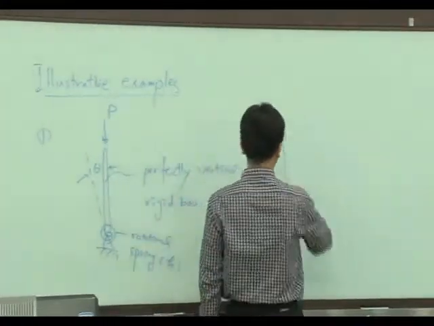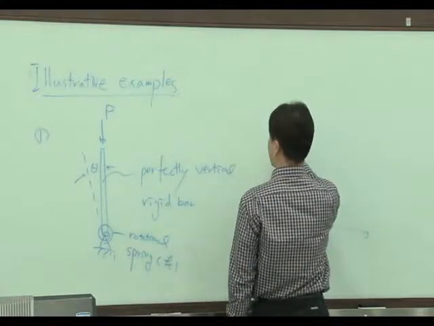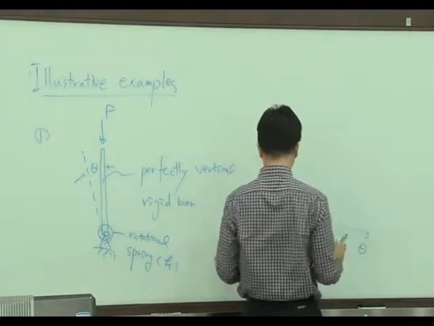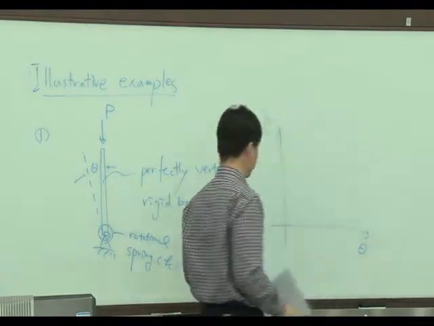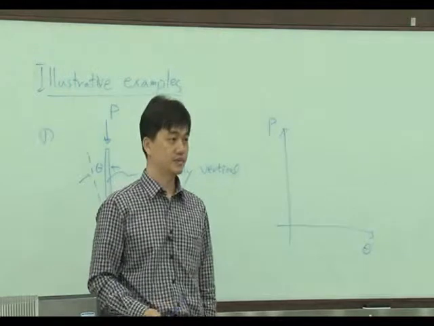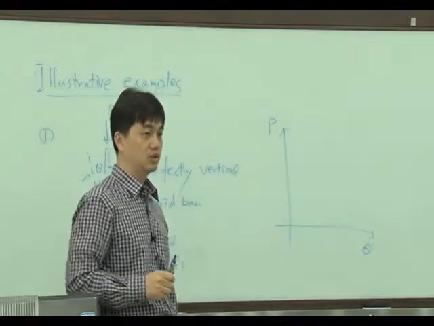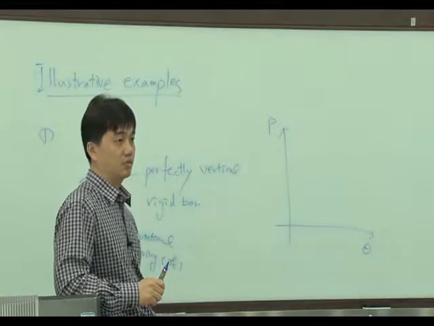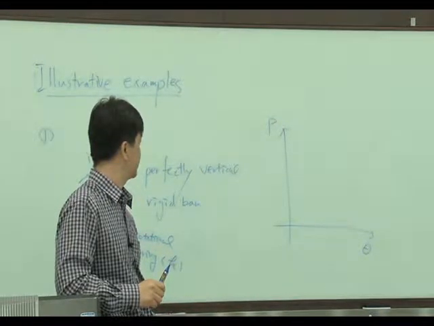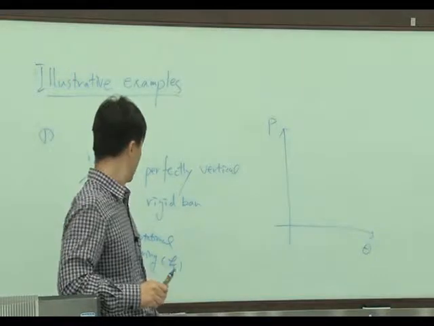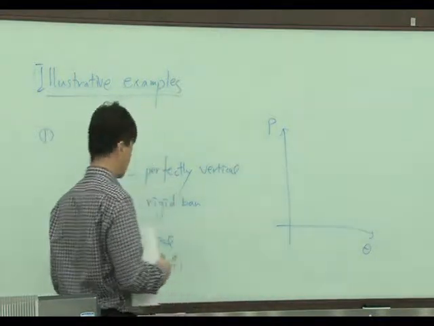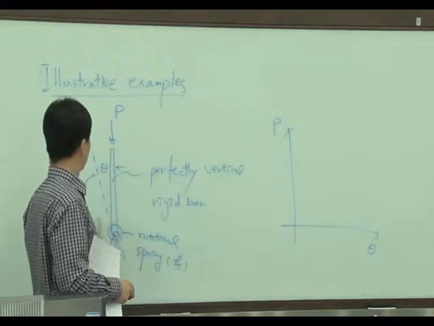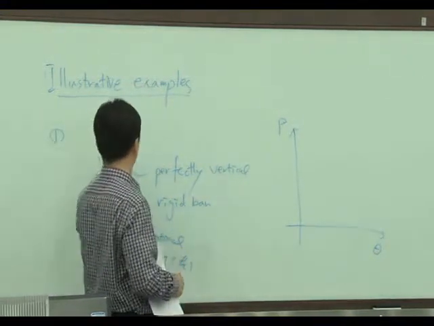Then I'm going to plot theta versus P, the load displacement curve. So this load displacement curve will give us the equilibrium path, right? So, can you draw the load displacement curve for this one?